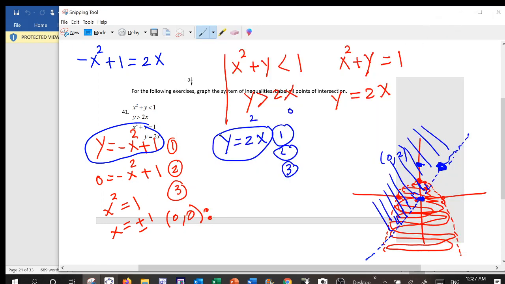But algebraically, you just set them equal to each other, and you get the intersection. So y equals negative x squared plus 1, and y equals 2x. So x squared plus 2x minus 1 equals 0.